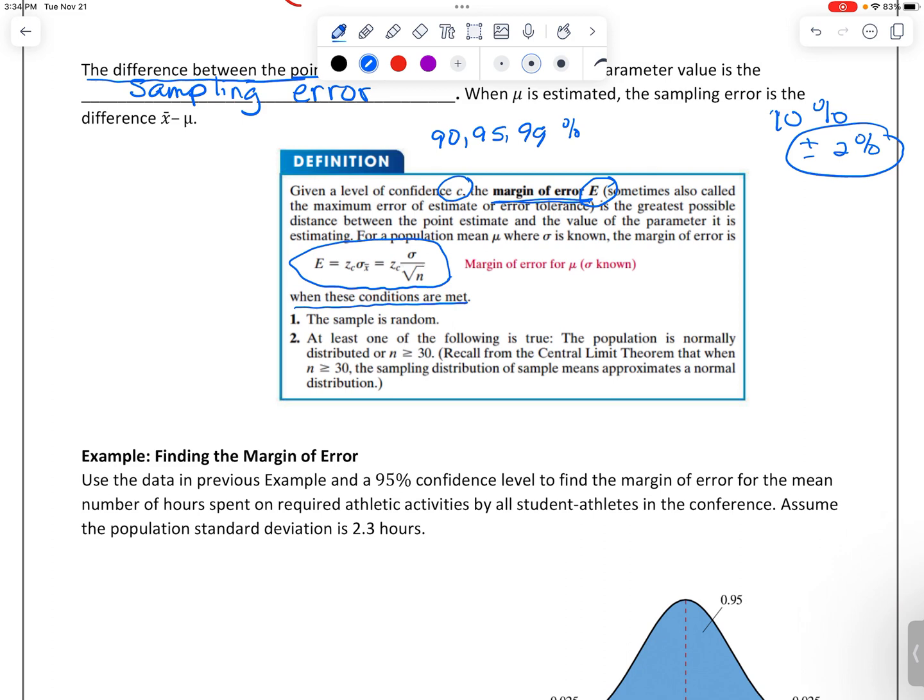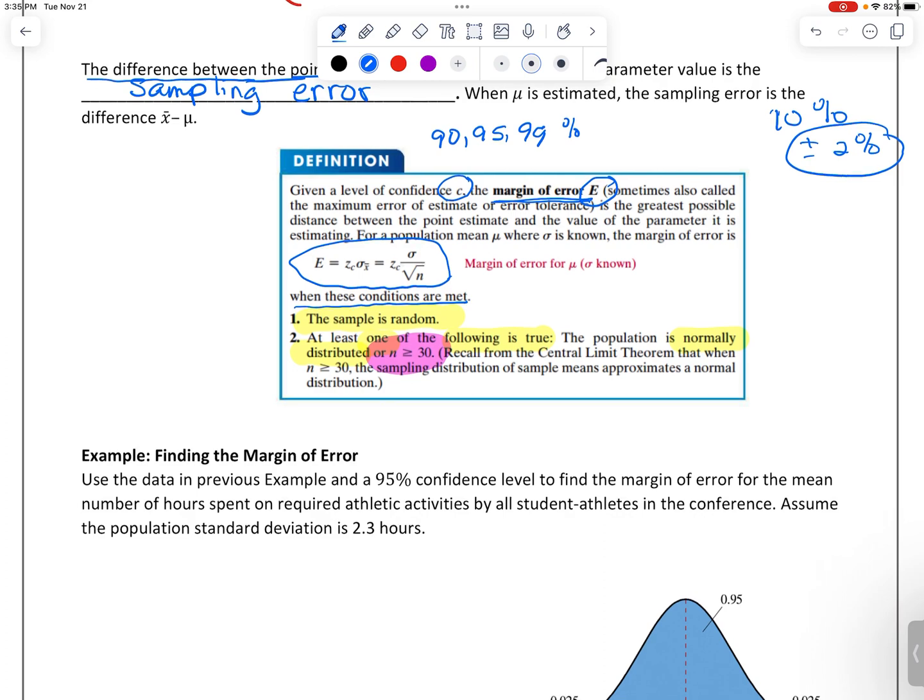The first one is that the sample has to be random. And at least one of the following is true: the population is normally distributed, or n is greater than or equal to 30. If you hear in the problem that it's normally distributed, you don't care what the n value is. If you don't know it's normally distributed, then that n value is important to us.